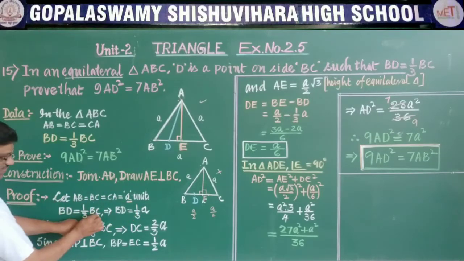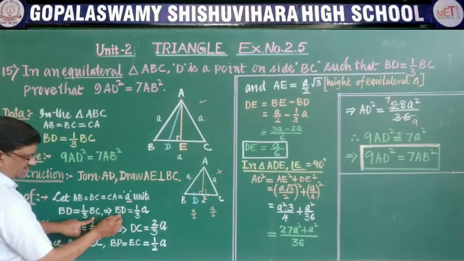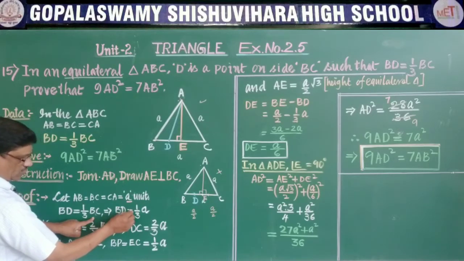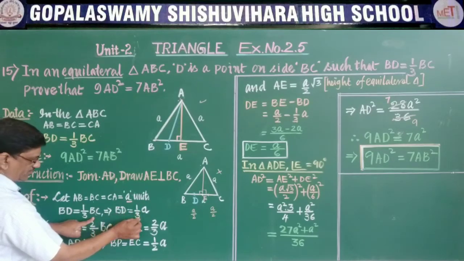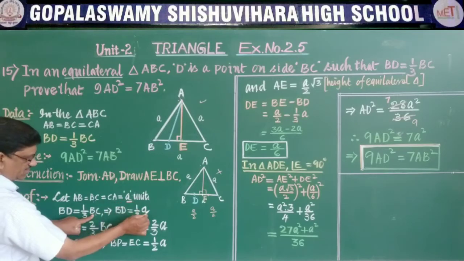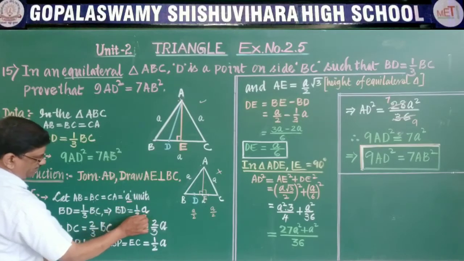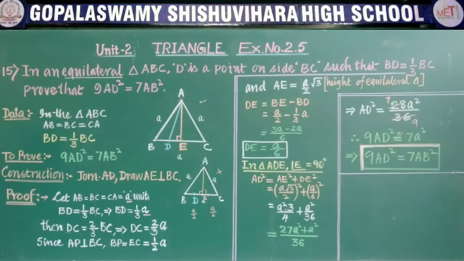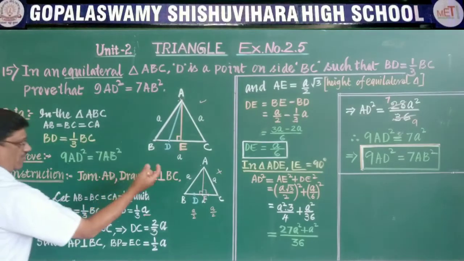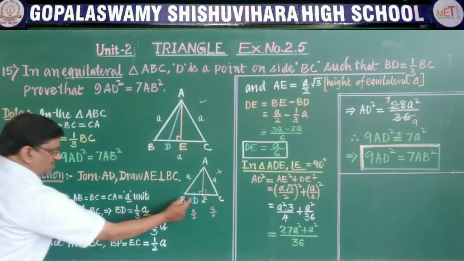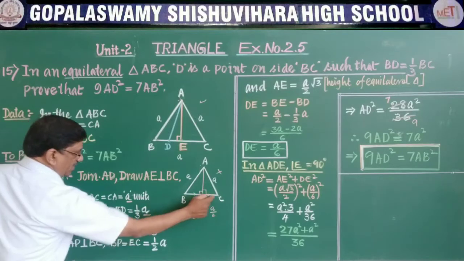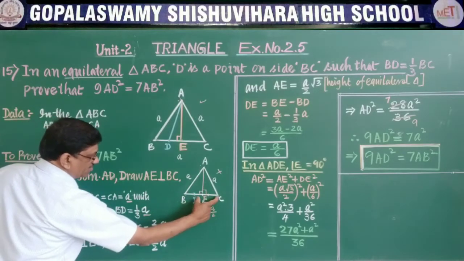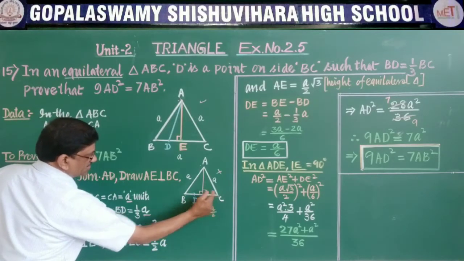That's what I am writing here. BD is equal to 1/3 of BC, that is, 1/3 of A. Clear? So if BD is equal to 1/3 of A, how much part remained here? It is 2 parts remained, isn't it?